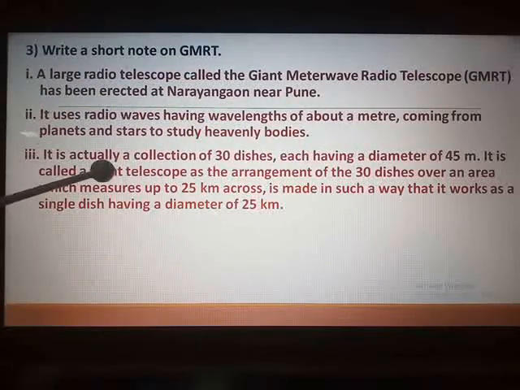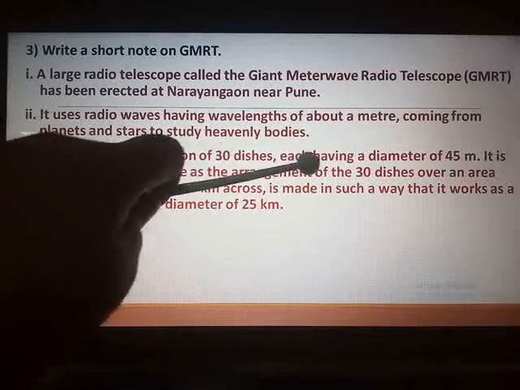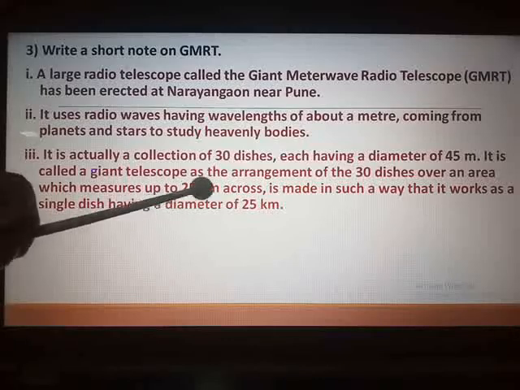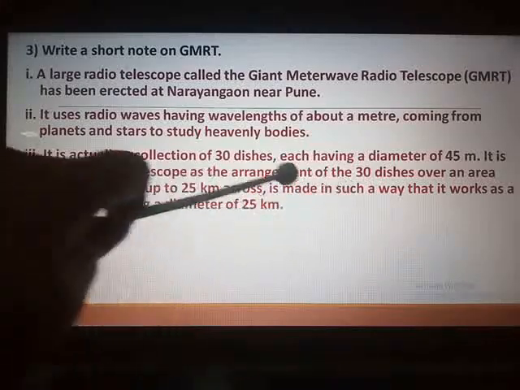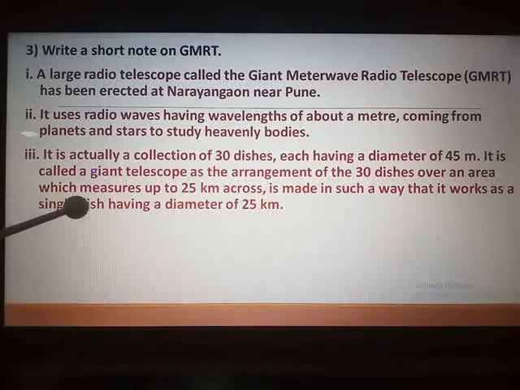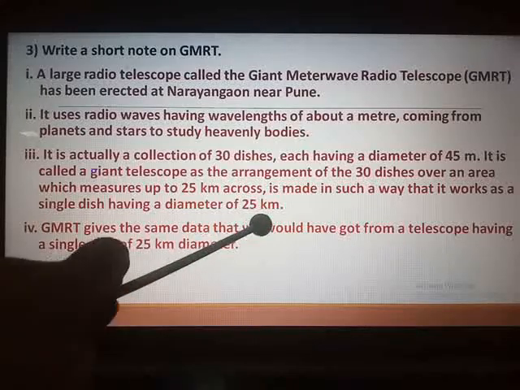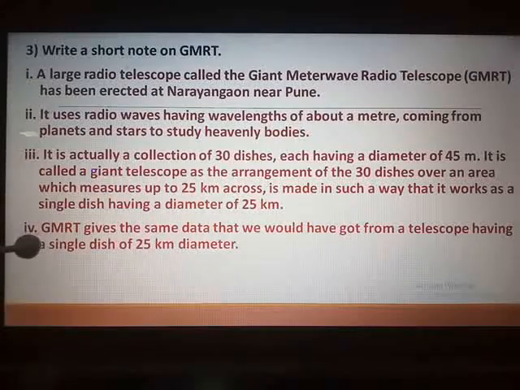It is called a giant telescope as the arrangement of the 30 dishes over an area which measures up to 25 km across is made in such a way that it works as a single dish having a diameter of 25 kilometers. Fourth point, GMRT gives the same data that we would have got from a telescope having a single dish of 25 km diameter.